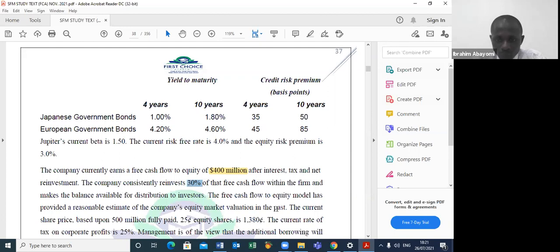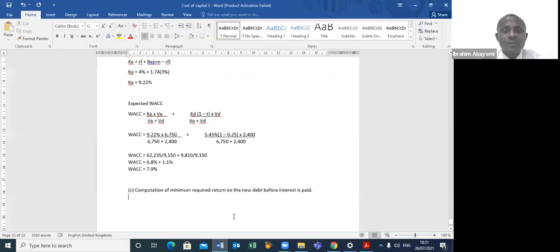Now, how do we tackle this question? To tackle this question, let's state our free cash flow to equity. And what does it mean? Ordinarily, when we say free cash flow, it is a discretionary cash flow. That's another name for free cash flow.